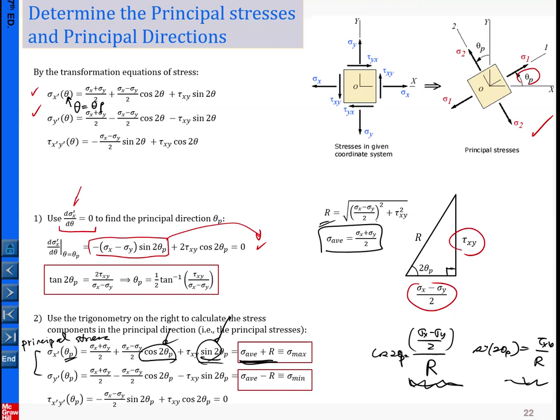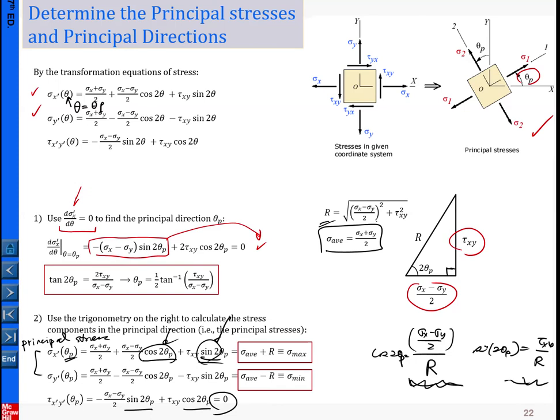It will only take you 1 minute and you will get this. In a similar way, sigma y prime has this equation here, and that's a minimum, because if one is a maximum, the other should be the minimum. Again, I boxed the equation you're going to use. Then we plug in sine 2 theta p and cosine 2 theta p, and the shear stress should be equal to 0.